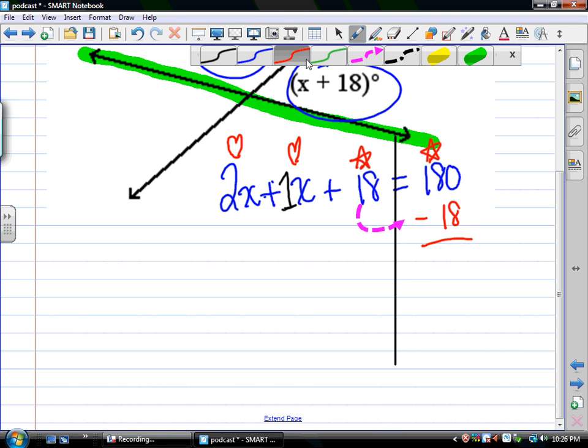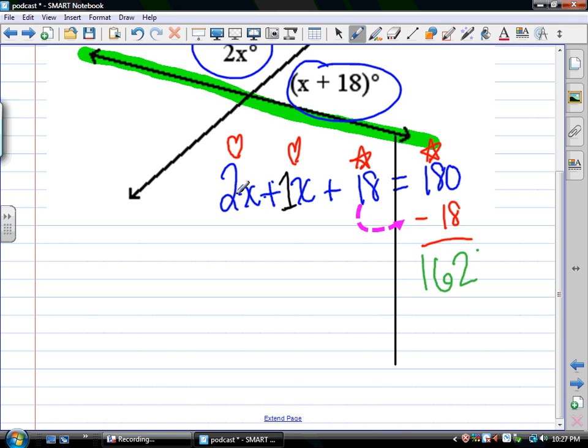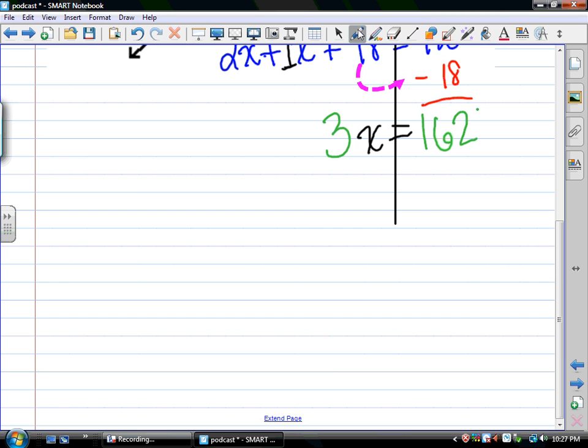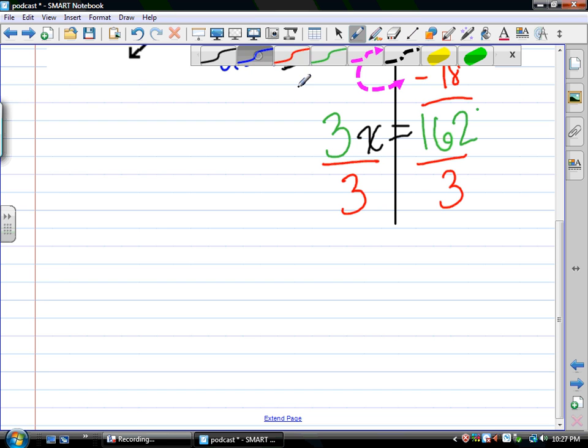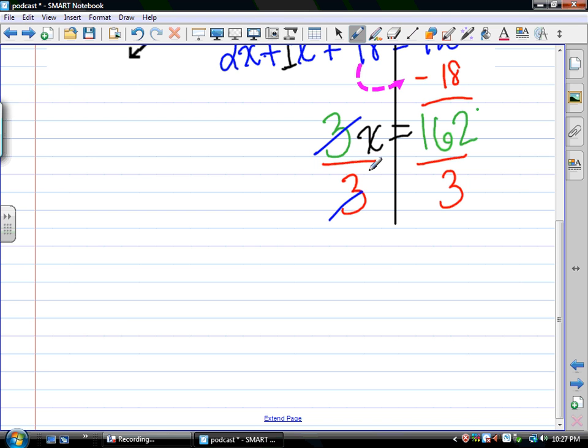Gives us 162. 2 plus 1 is 3. And as always, dog follows you everywhere you go. Divide both sides of your equation by the coefficient of 3. 162 divided by 3 gives you 54. X is 54 degrees.